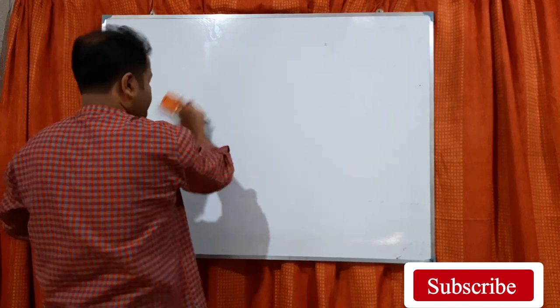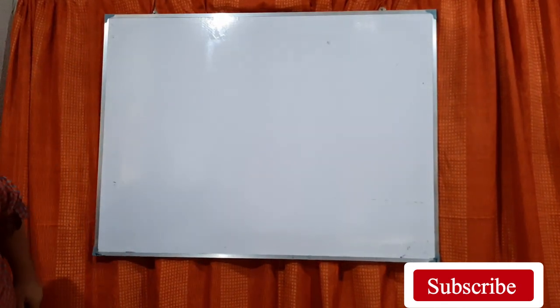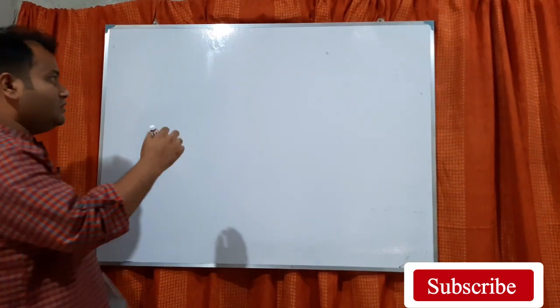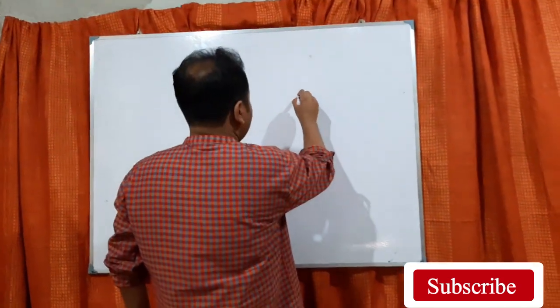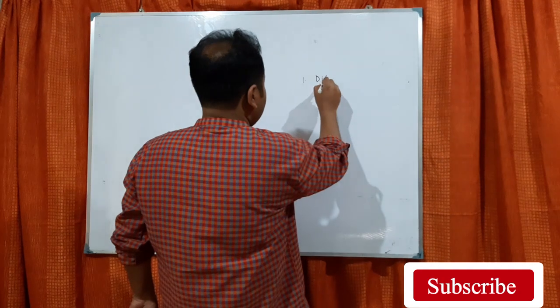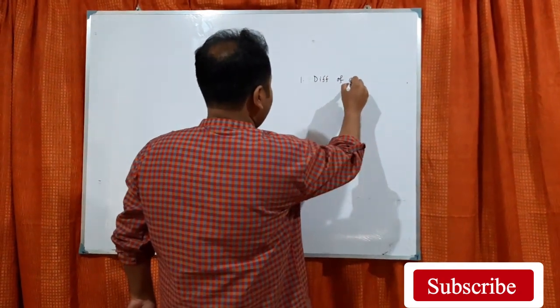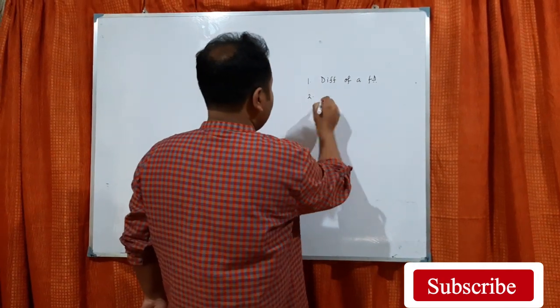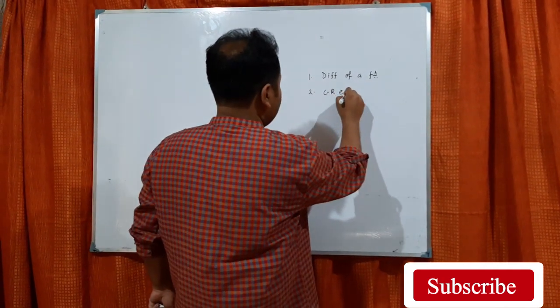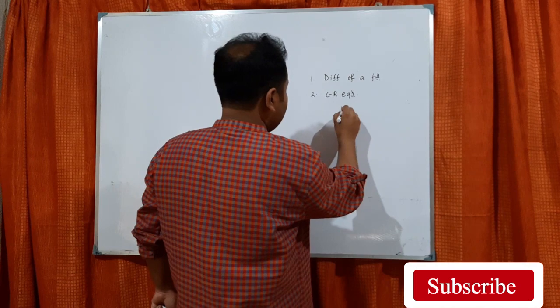So now, if I just thoroughly remember what we have told. Number 1, differentiability of a function. Number 2, CR equation. What is CR equation?